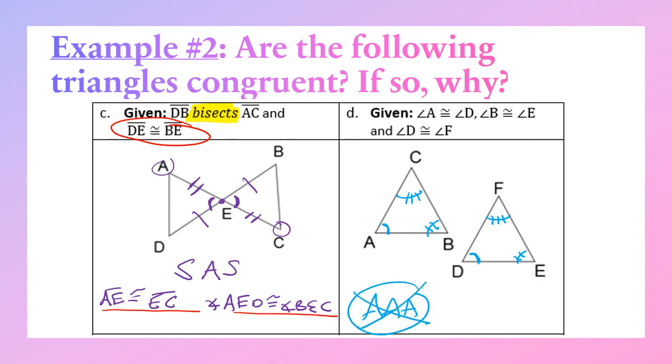The AAA battery does not exist, which just means that it is not possible to show that these two triangles are congruent. I'm not telling you they're not congruent. They look pretty congruent, except we don't have that piece of information that will actually verify their congruence.